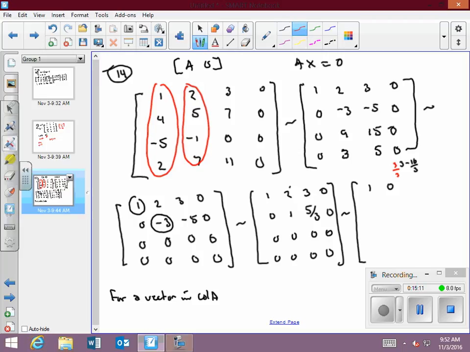So it's 9 over 3 minus 10 over 3, which should be a minus 1/3. Is that right? 0. Then it's 0, 1, 5/3, 0, 0, 0.